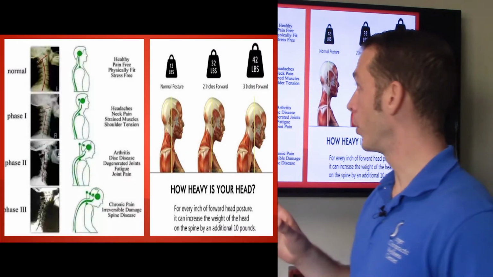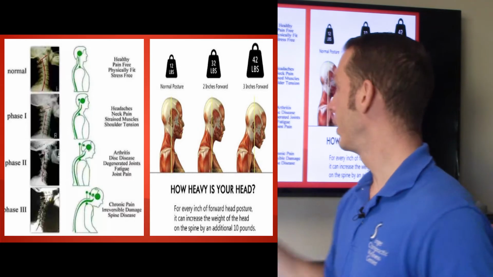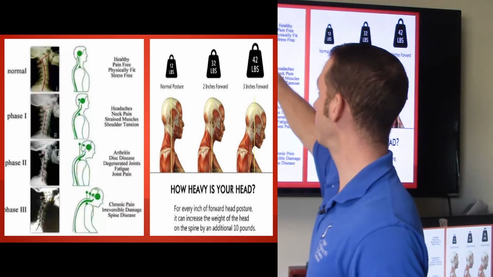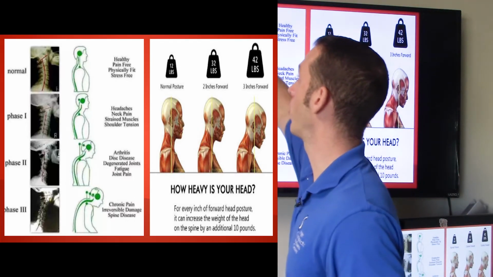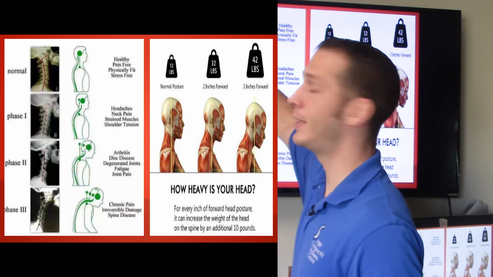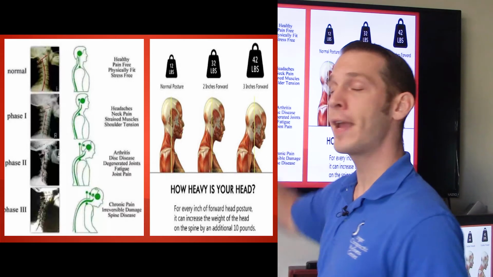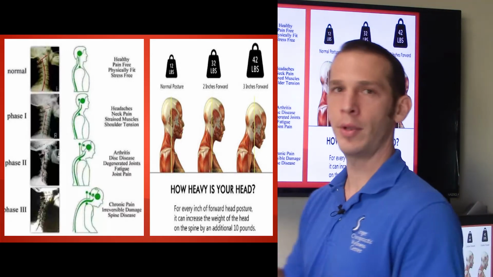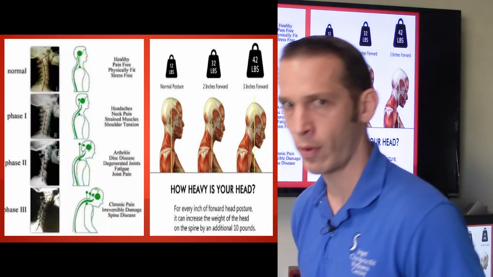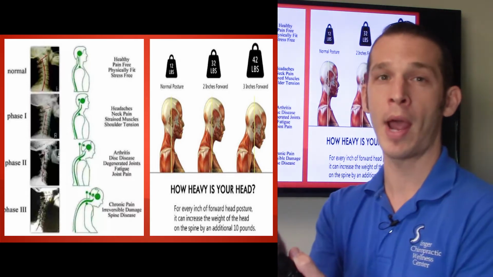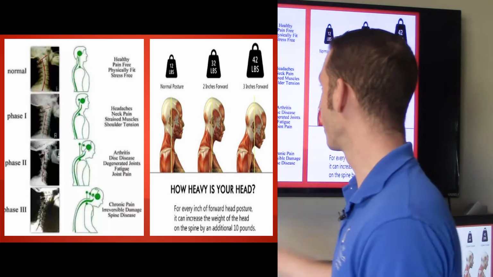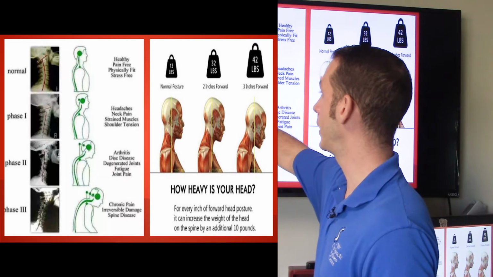Now, I was mentioning the misalignments earlier, okay? Normally, the spine is in a normal position, has a good curve, good disc spaces, and the fronts of the bones are nice and smooth. When you have what's called a phase 1 misalignment, let's say you get in a car accident, your head goes flying forward and backwards, it straightens out the spine in a condition known as whiplash. What happens is it'll put pressure on the discs there.